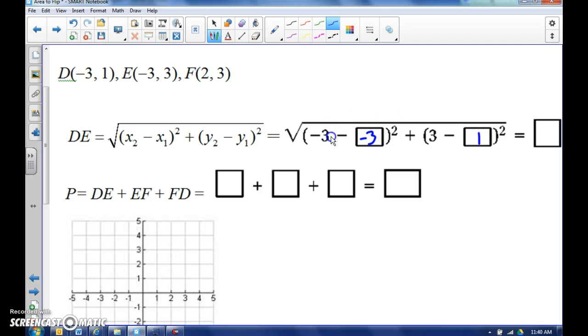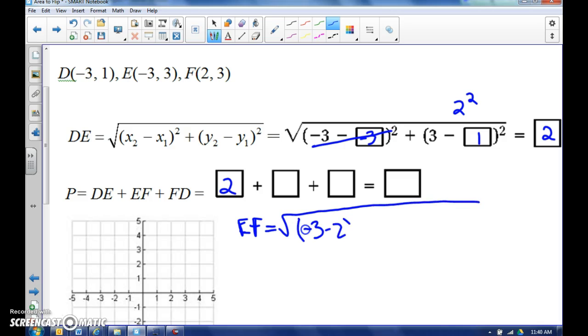This ends up being 3 minus negative 3. That just goes to 0. It cancels out. 3 minus 1 gets me 2 squared. Square root of 2 squared is just 2. So DE is 2. Now I'm going to do EF. EF will equal the square root of the difference of the x's, negative 3 minus 2 squared, plus the difference of the y's, 3 minus 3 squared.